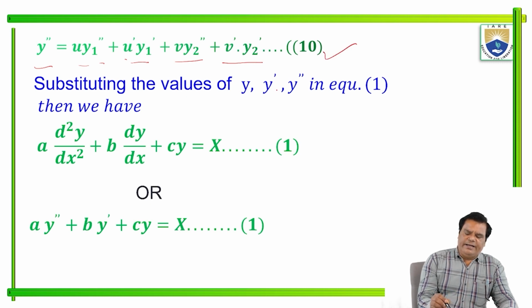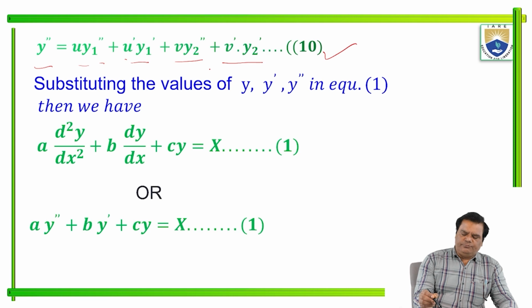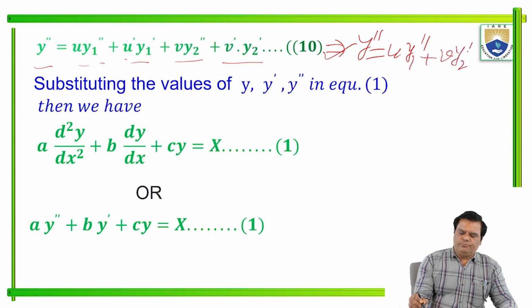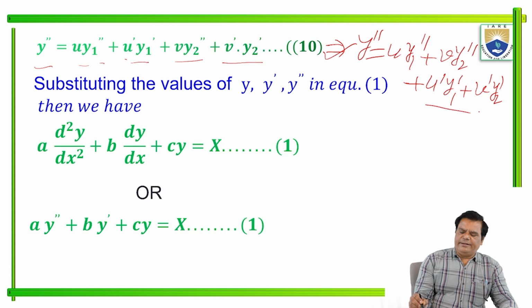Substituting the values of y and y dash, y double dash equals u y1 double dash plus v y2 double dash plus u dash y1 dash plus v dash y2 dash. This result is taken equal to x.